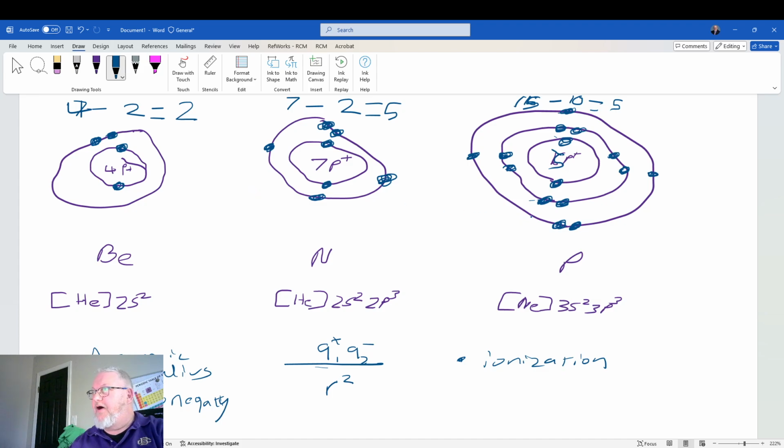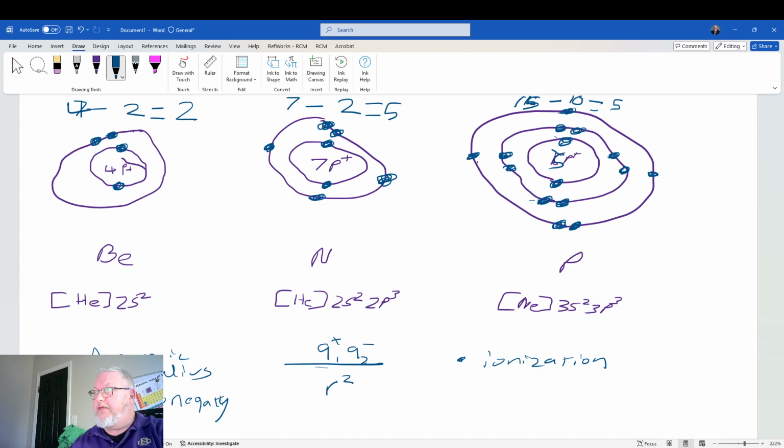Now, if you look at phosphorus, all right, again, there's less energy compared to nitrogen. It would take less energy to pull one of these electrons than nitrogen, okay, and become an ion. Does that mean it really wants to? It really doesn't, right? But it would take less energy compared to nitrogen to lose an electron.